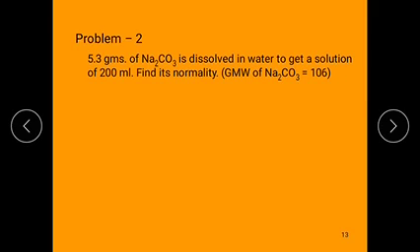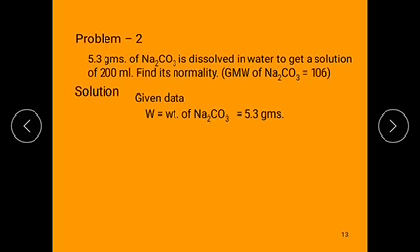Means the 200 ml solution contains 5.3 grams of sodium carbonate. Then calculate the normality. In this case, the given data is the weight of the sodium carbonate, 5.3 grams.